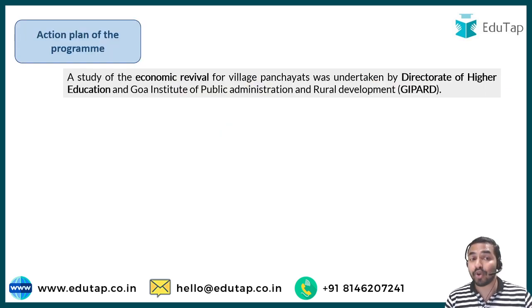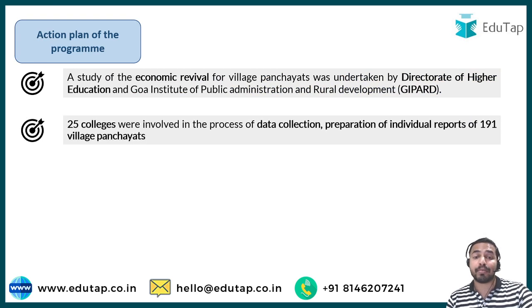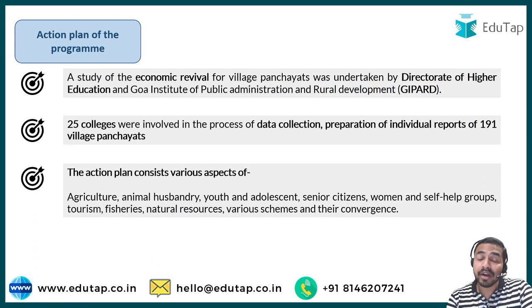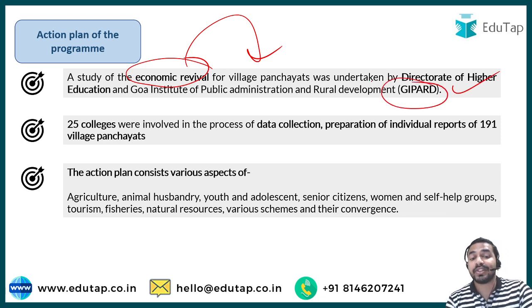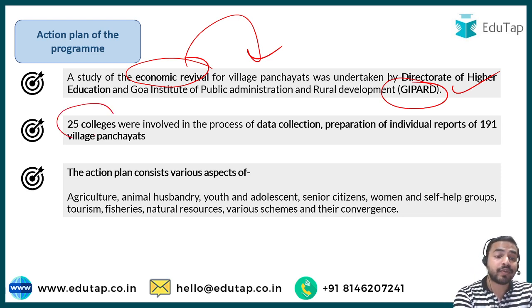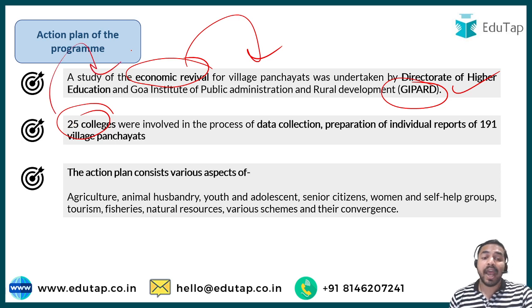And my dear friends, if we talk about the action plan under this program, a study of the economic revival of these village panchayats was undertaken by the Directorate of Higher Education and GIPARD, which stands for Goa Institute of Public Administration and Rural Development, and 25 colleges were involved in this study.